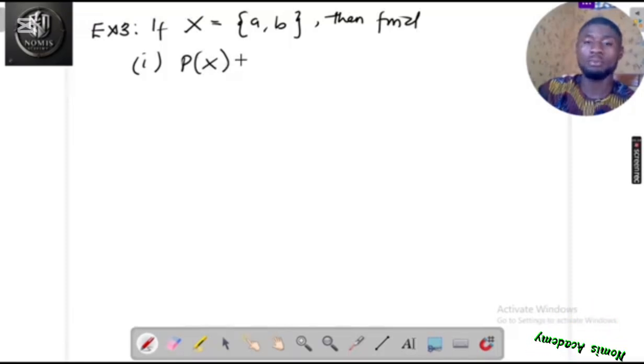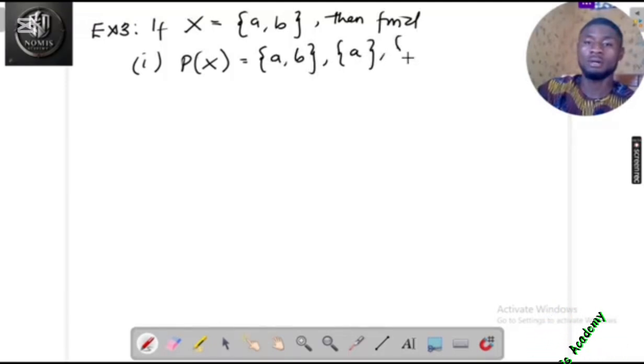When you see this, it is the power of X. So let us list out the subsets of set X. Definitely we should have {A, B}, then we should have {A}, then {B}, and then the null set, right?